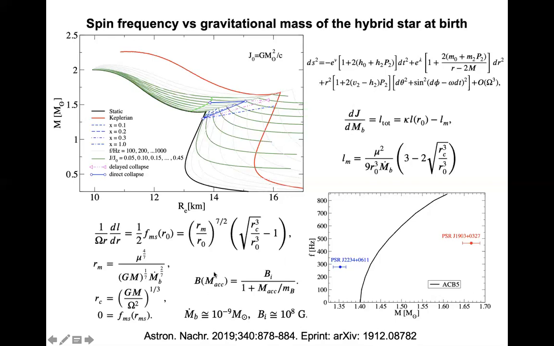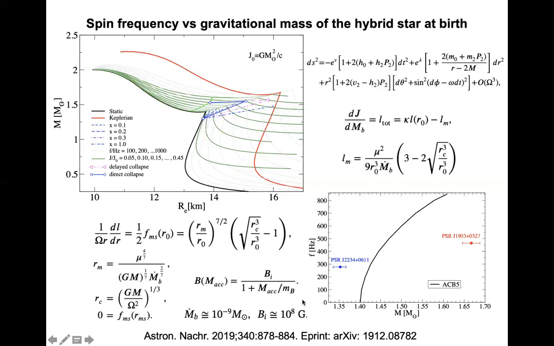So basically, accretion can vary the magnetic field, and this is parameterized in this way, where Bi is the initial magnetic field and M is the mass accreted, divided by this parameter that regulates the accretion.